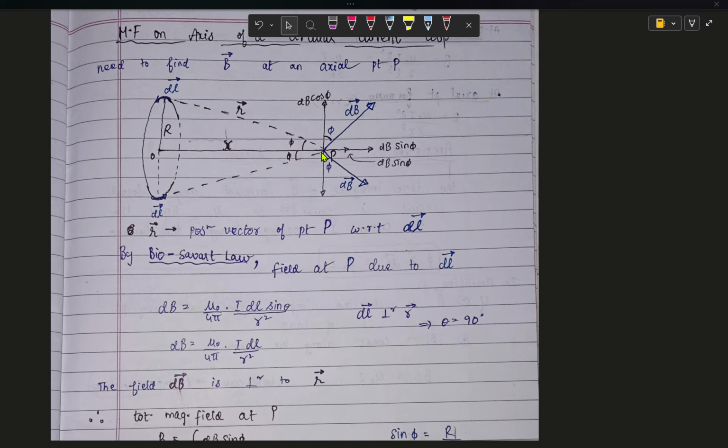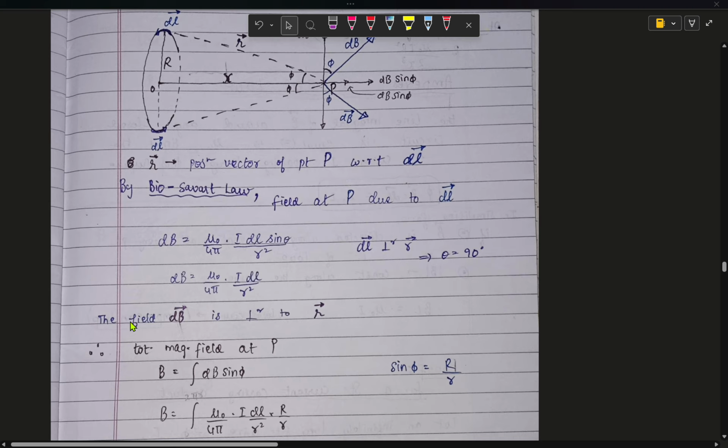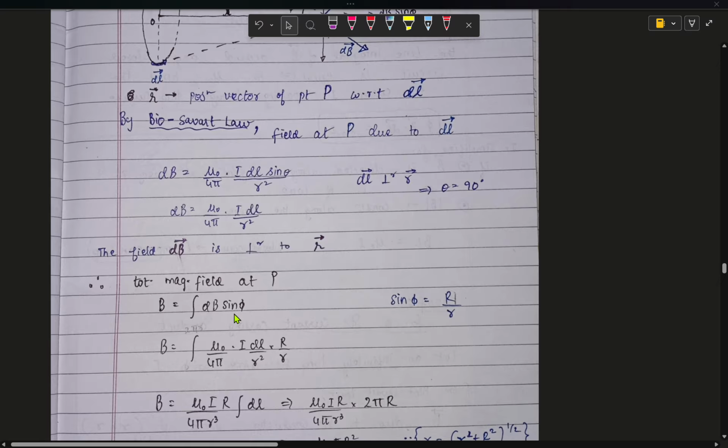Both cos components will get cancelled, and both sine components will get added, since the field is perpendicular to the radius. Total magnetic field at point P: only the sine component we will take. So dB sine component, whatever dB you have, you substitute over here, times sine of phi.